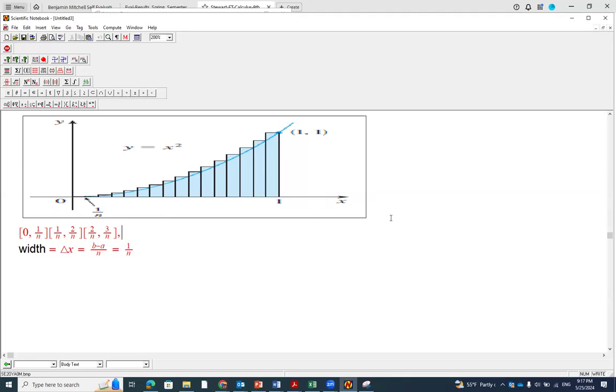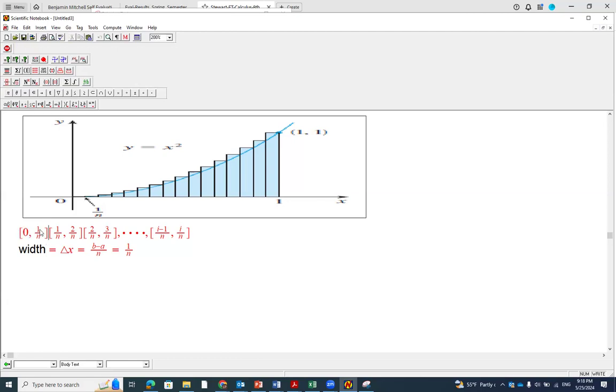So what is the ith interval? This is the first one, second one, third one. So the ith interval is going to be i minus 1 over n to i over n. We see this pattern from here.